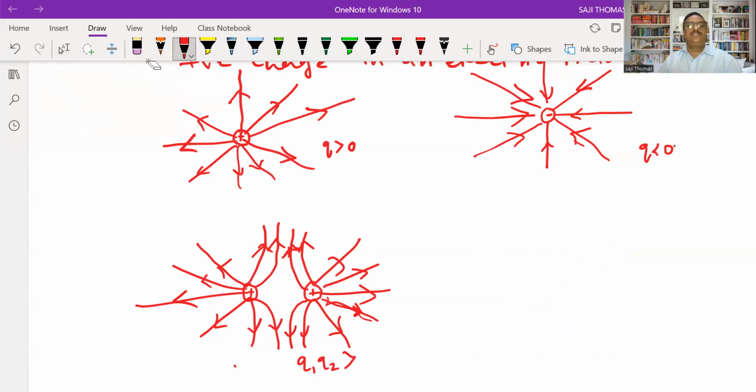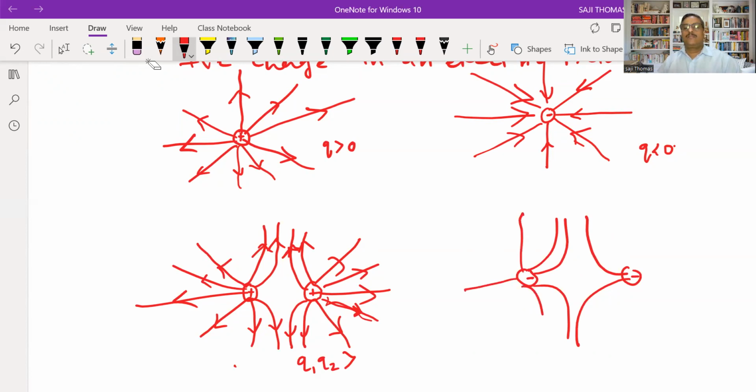Arrow marks must be towards the negative charges.